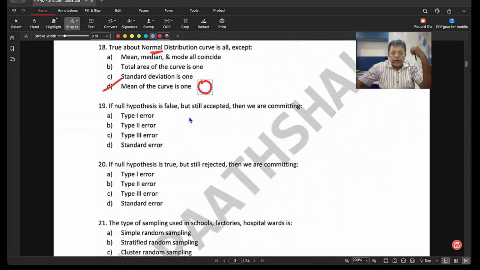Coming to 19 and 20, which shouldn't be a problem for you. Please mark for 19 and 20. If the null hypothesis is false, but you're still accepting it, then what are you committing? And if the null hypothesis is true, but still rejected, then what are you committing?